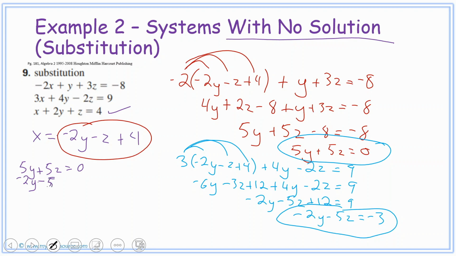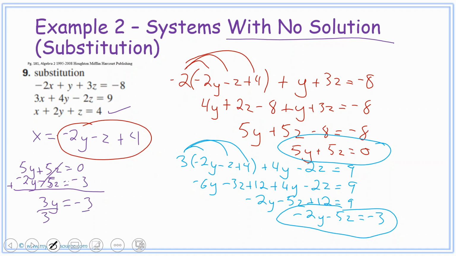You notice the z terms are already the same size, so there's nothing else I have to do to that. In order to cancel that, we have to add everywhere. That would cancel the two middle terms. And then 5y subtract 2y is going to give us 3y, and 0 subtract 3 will give us negative 3.